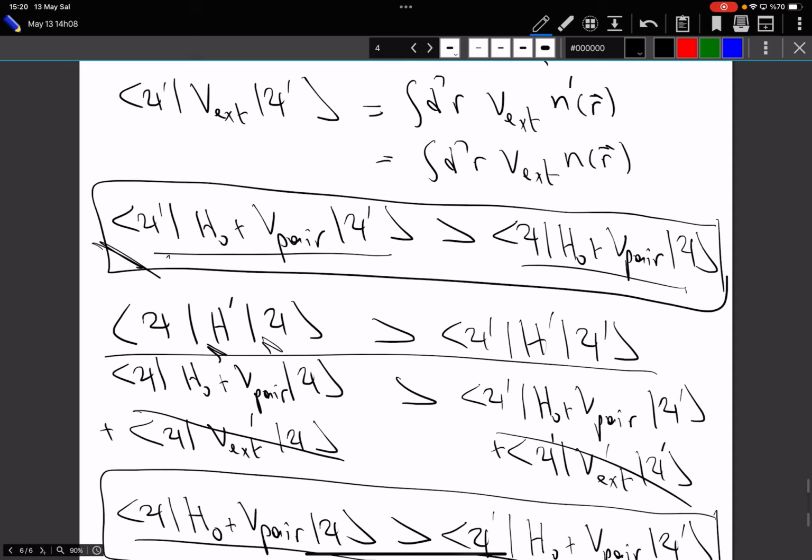Well, what you're assuming is that you started with a trial wave function with a number of parameters. You minimize the expectation value of the Hamiltonian in that state with respect to those parameters. And you hope that the minimum energy is very close to the minimum energy eigenvalue.